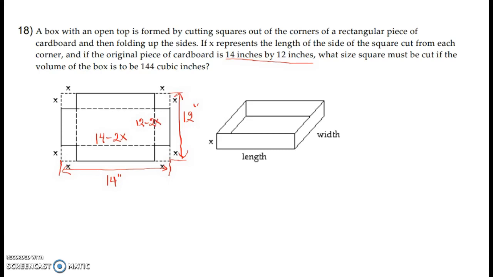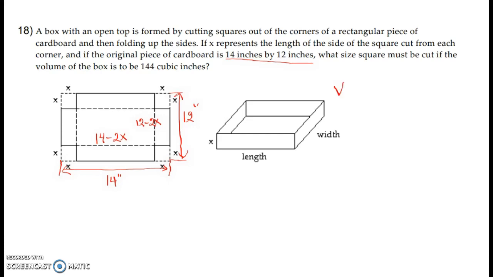Now that we have this full sketch, let's go ahead and read exactly what they're asking us to do. We want to find the length of this square, or the value of x, if we know that the volume of the box is 144 cubic inches. It might be helpful to review how we find the volume of the box.